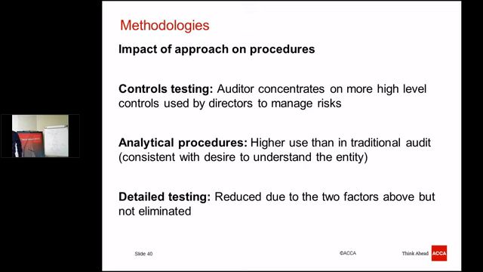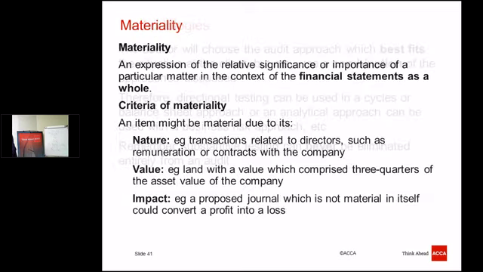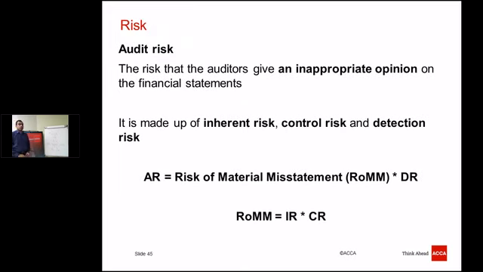You can see this not just on the camera, but also on one of the slides. As you can see, AR, audit risk, is the risk of material misstatement multiplied by detection risk. So ROMM is inherent risk multiplied by control risk.